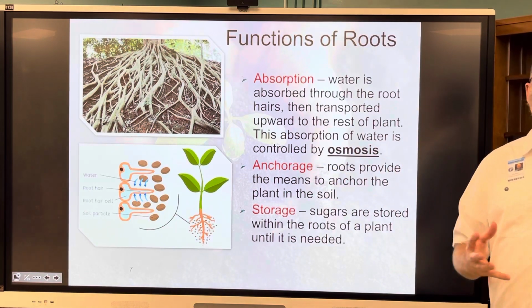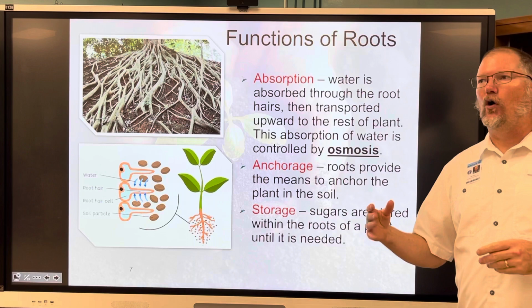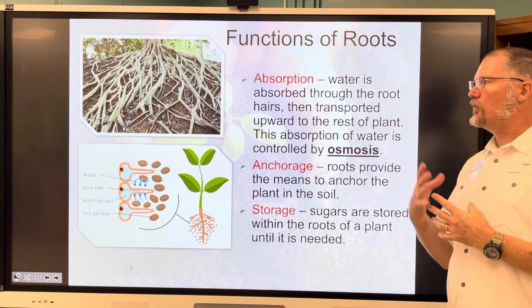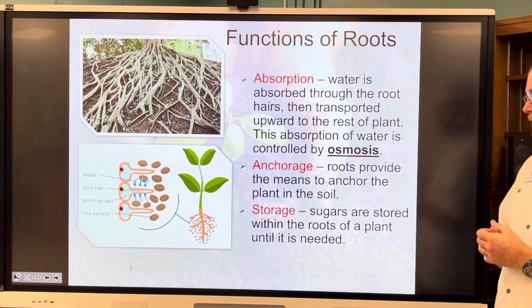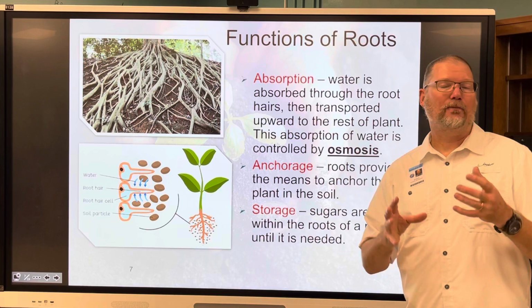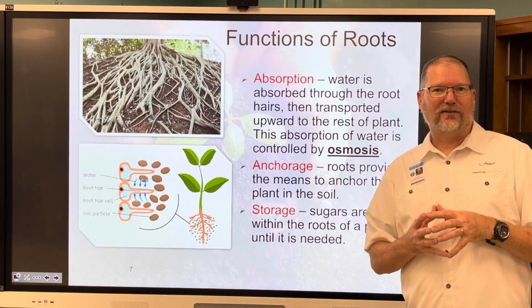Anchorage, they anchor the plant down. This is obvious too. Hurricanes don't blow all the plants away, just a few of the weaker ones. And so the roots hold those plants in place. They also serve a purpose environmentally by keeping the ground where it is, right?